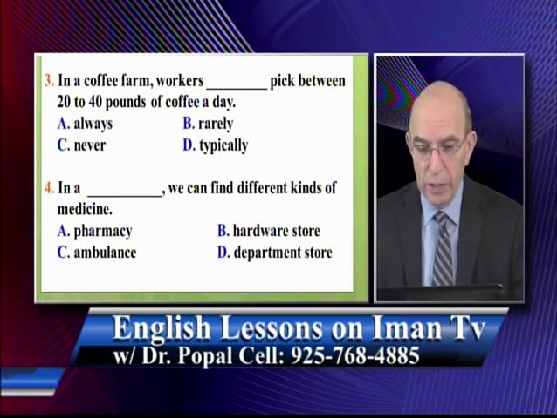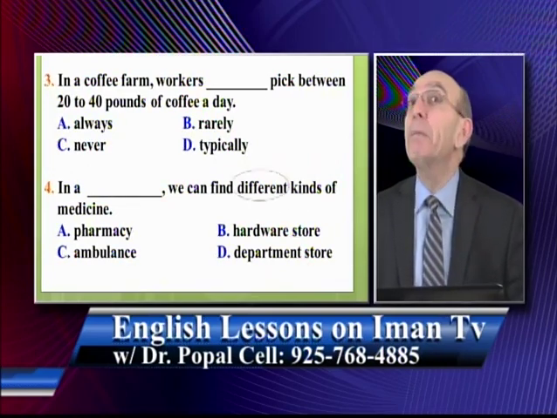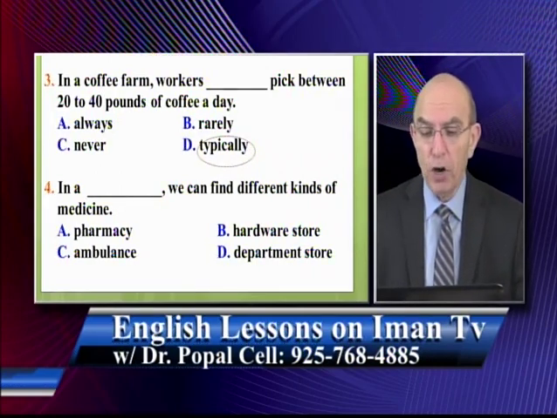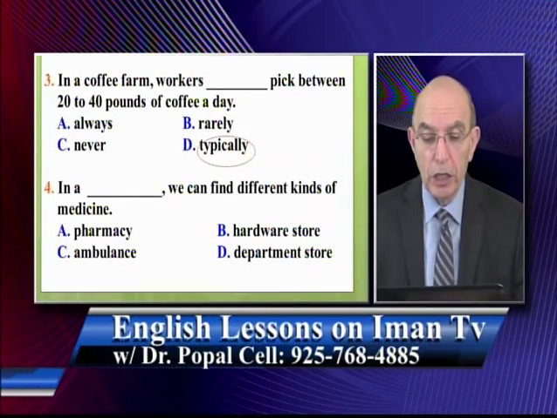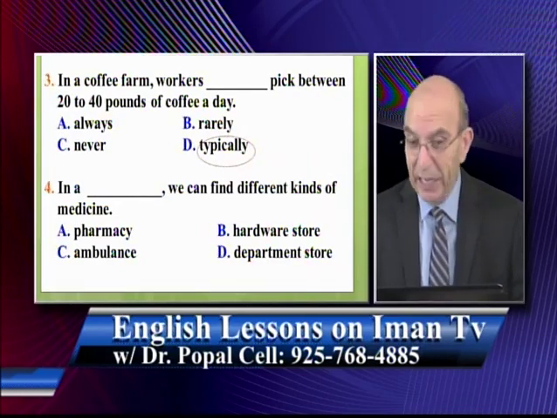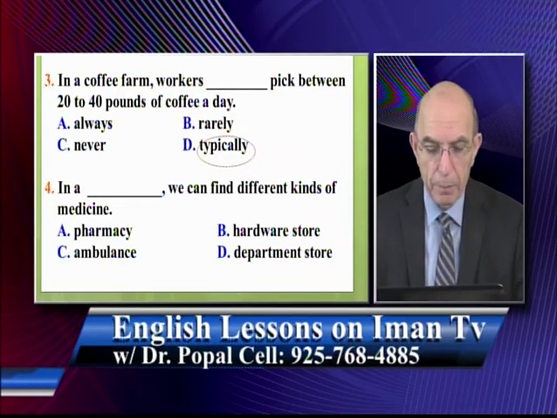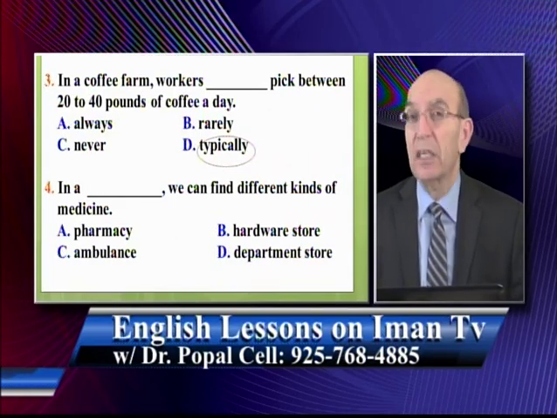Not A, always, not rarely, which means almost never, and not never, but what? Typically, meaning what? Usually. So in a coffee farm, workers typically pick between 20 to 40 pounds of coffee a day.